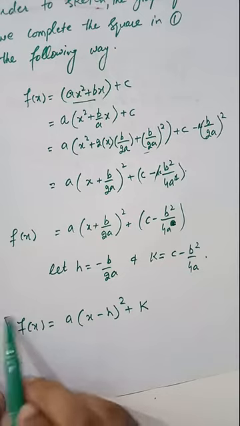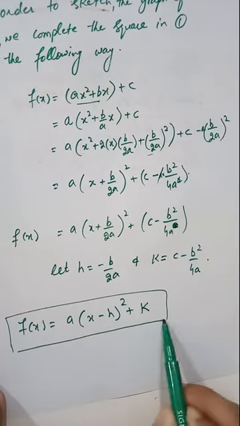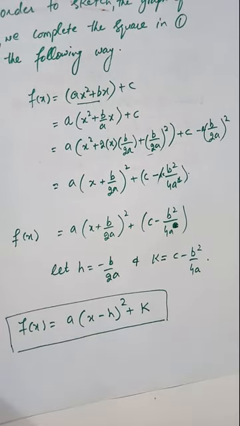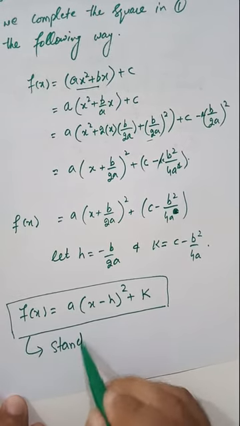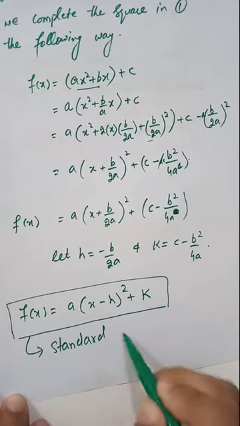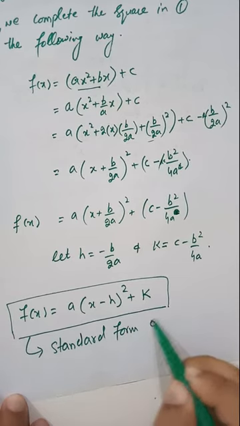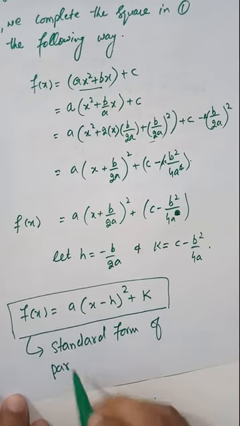So this is the standard form of parabola. The vertices may be anywhere in the plane, and the branches open upwards or downward. So this is the standard form. This equation represents the standard form of parabola.